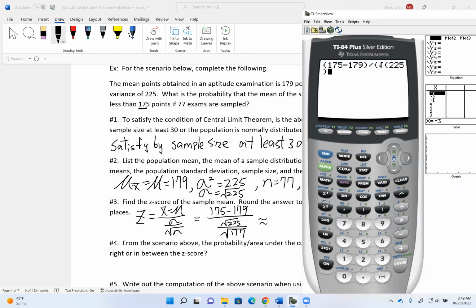I'm gonna close the parenthesis for my square root, then divided by square root of 77. So my square root opens the parenthesis for me. I'm gonna close the parenthesis for the square root of 77. Then I'm gonna close the parenthesis for the entire denominator. Okay, round to 2 decimal places. So negative 2.34.